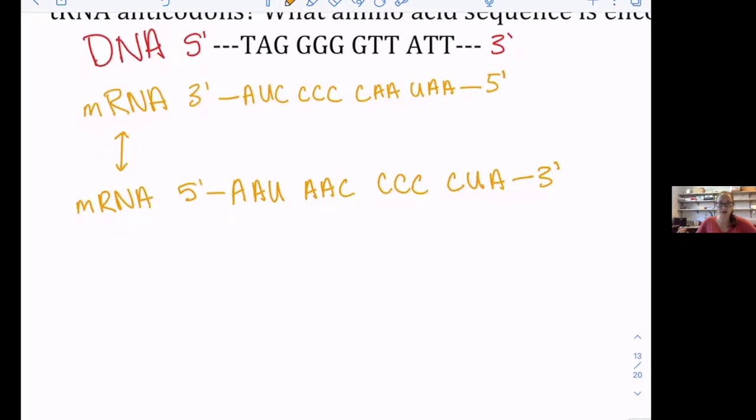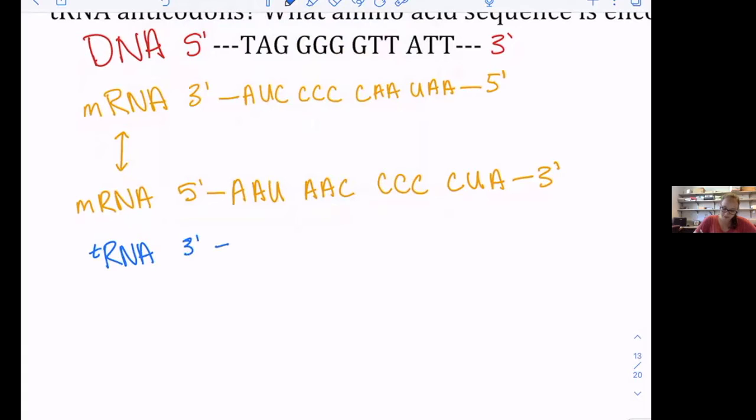So in order to get our correct anticodons, we need to start at the 5' end and then make our anticodons. So let's do a different color for tRNA. So then our tRNA anticodons, we have our 3' here.